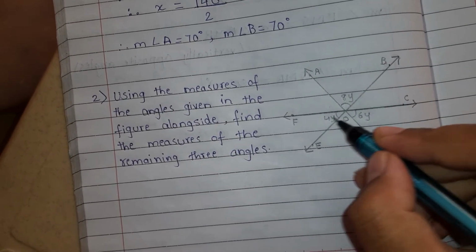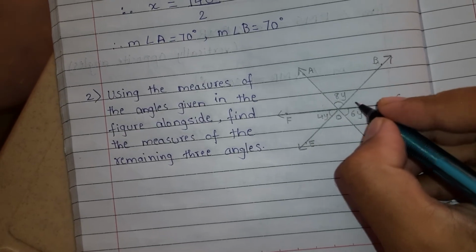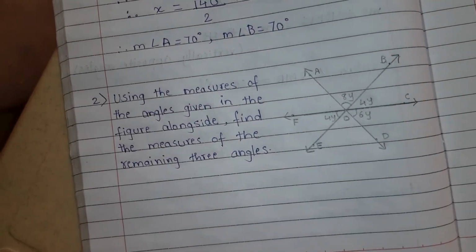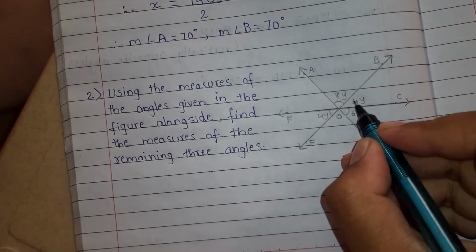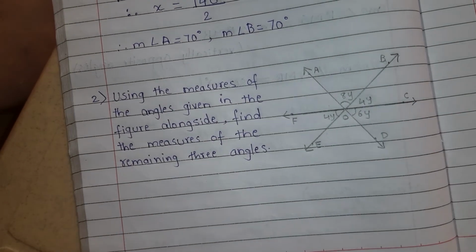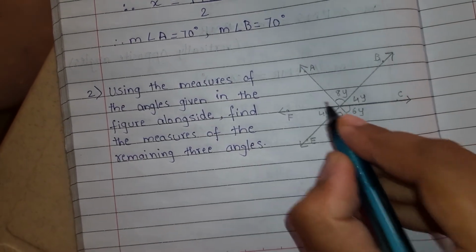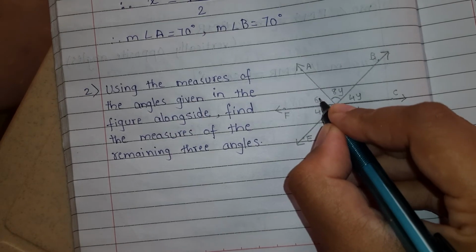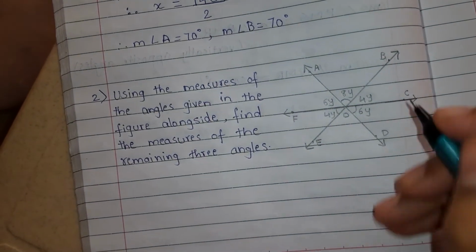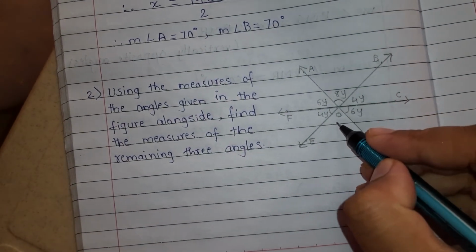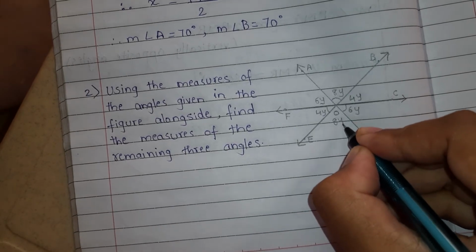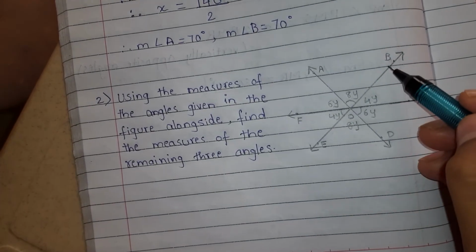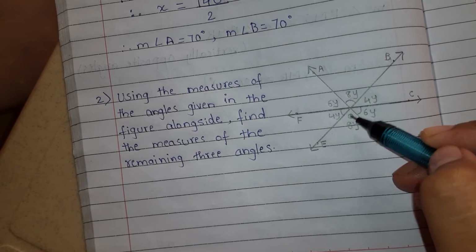Means because of the X shape these two angles are formed. So this angle will also be 4y. Vertically opposite angles are congruent. Again, this angle and this angle will be congruent, 6y, and this angle and this angle will be congruent. This much understood? They are vertically opposite angles.